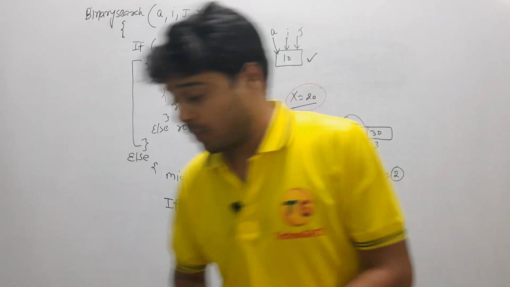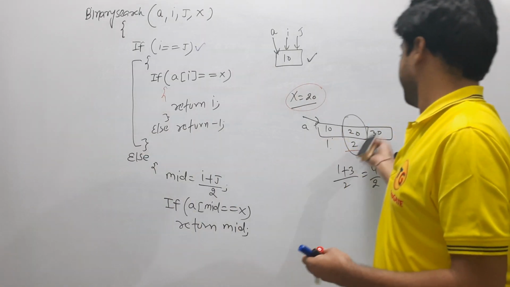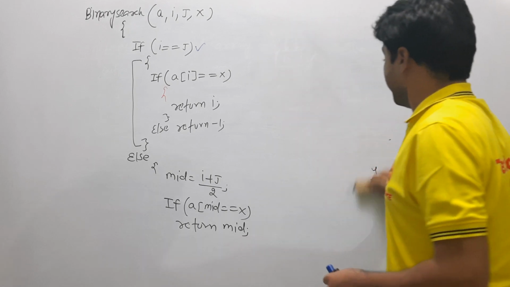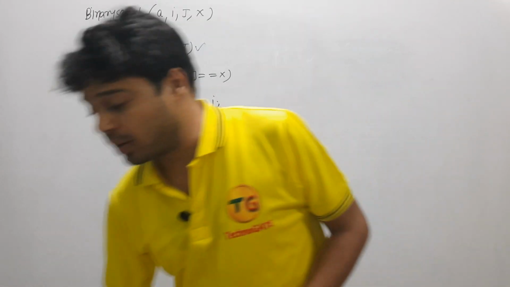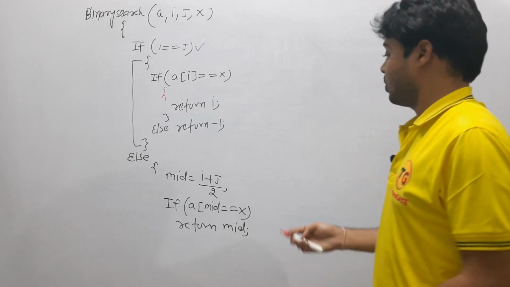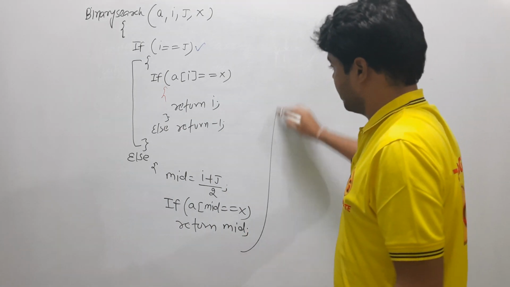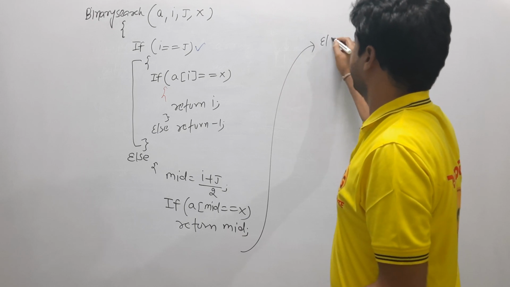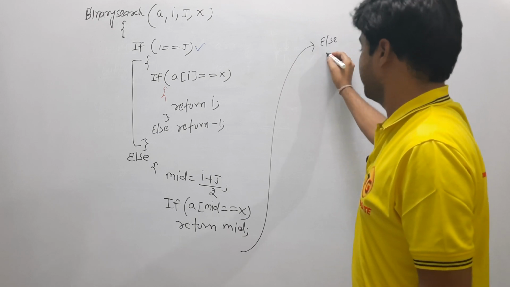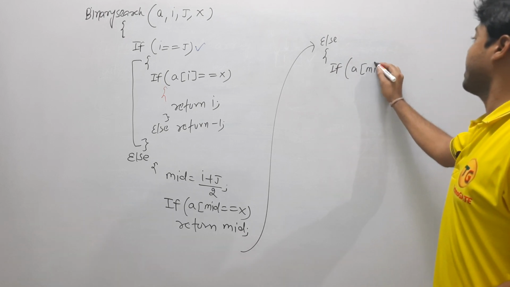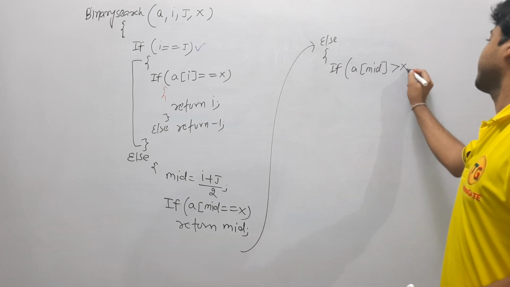Now if we want to search for 30, it is not at the mid position, so we have to check whether the mid element is greater than the searching element or not. Else we check if a of mid is greater than x.